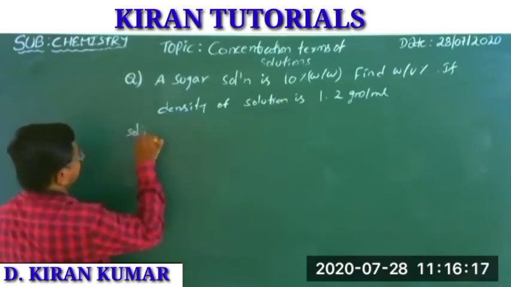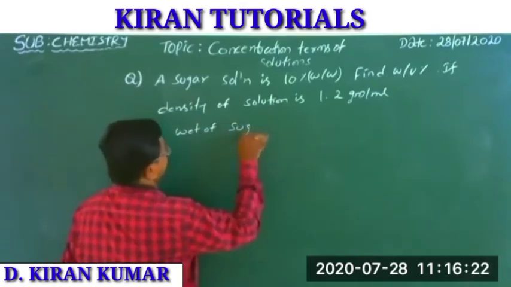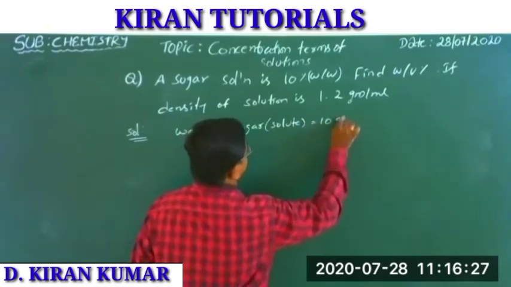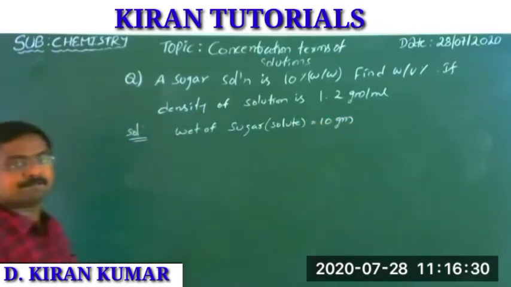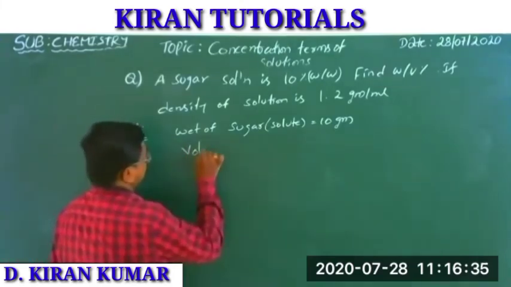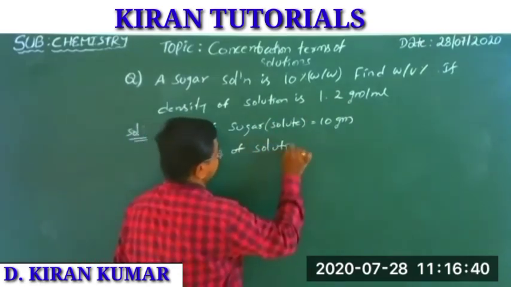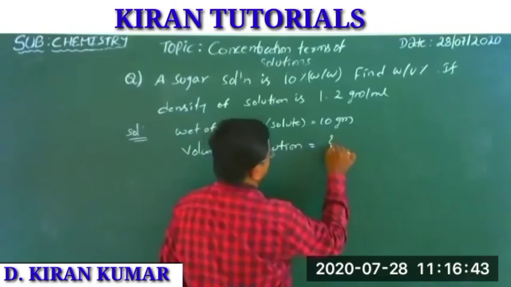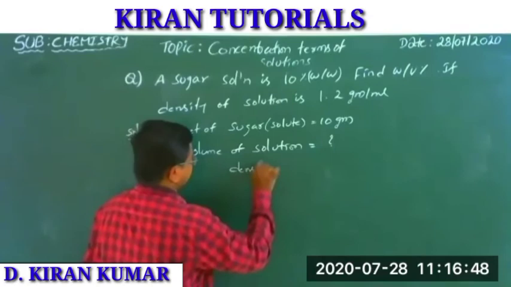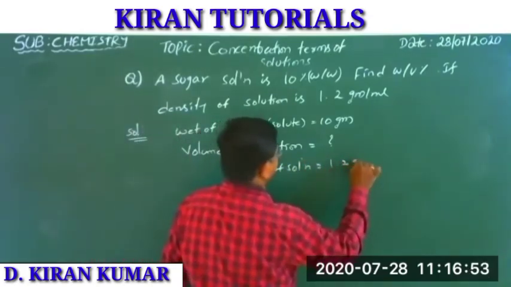See, the weight of sugar, it is a solute, is equal to 10 grams. Then the volume we have to find out. Volume of solution is equal to question mark. But density is given. Density of the solution is equal to 1.2.